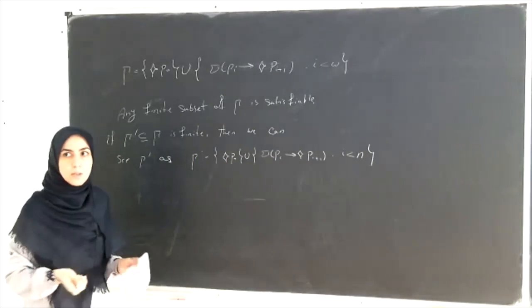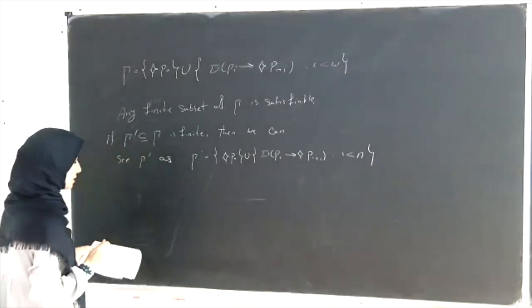For any finite subset, we can consider gamma prime in this form.